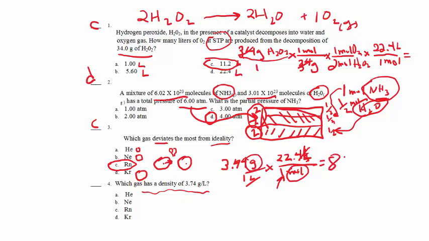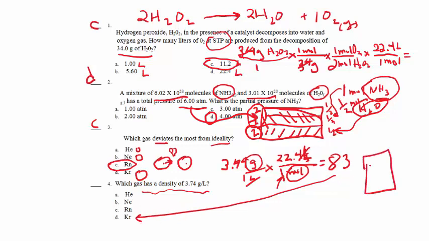It turns out to be around 83 or 84, which, if you look on the periodic table, is the mass of krypton. The square for krypton should have about 83 grams per mole under it. So the answer to this one would be D.